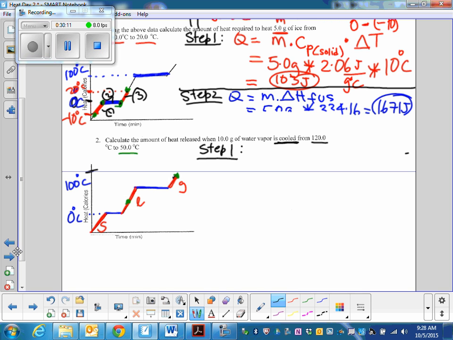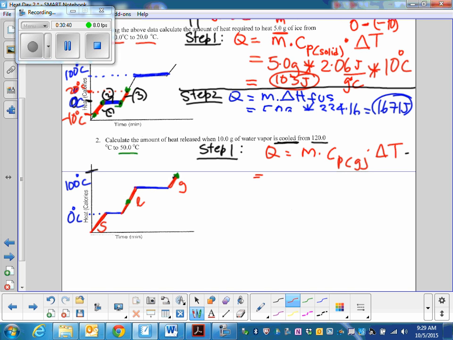It's a slope. Q equals M times specific heat of solid, liquid or gas? Gas. Specific heat of gas times delta T, change in temperature. We have to pay attention to detail. Otherwise, you'll mess up the problem.